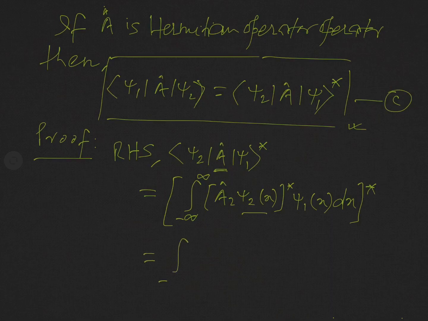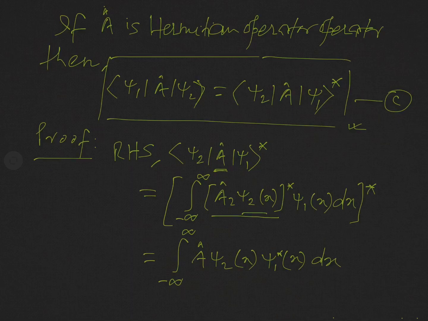Now, what is this? This will be integral minus infinity to plus infinity, A hat psi 2 of x and psi 1 star of x. See here, this is complex conjugate of A psi 2 of x, and we take again its complex conjugate.